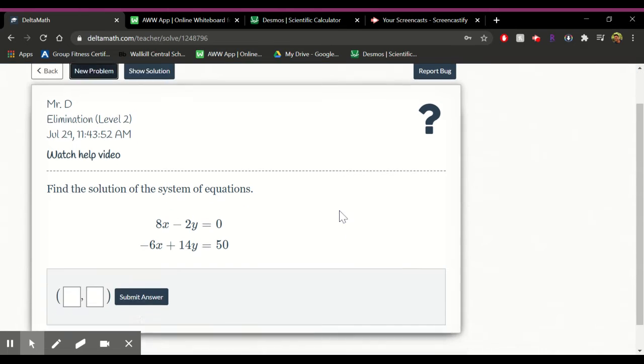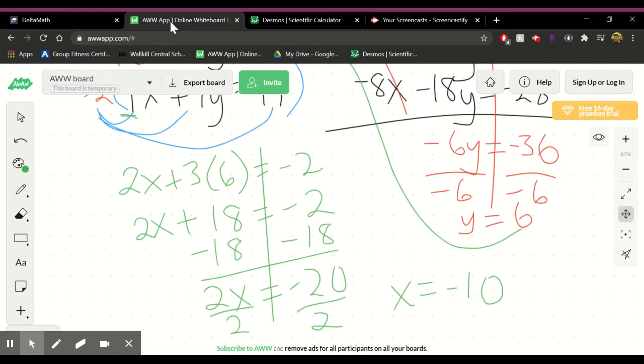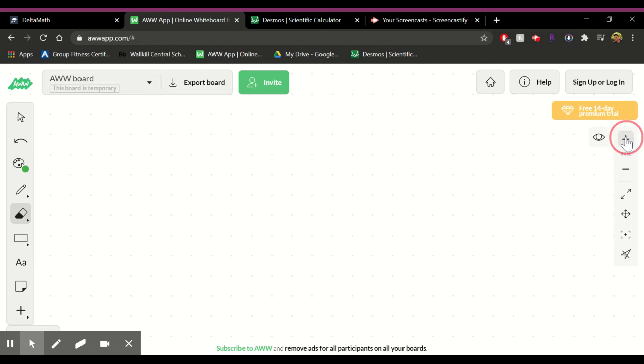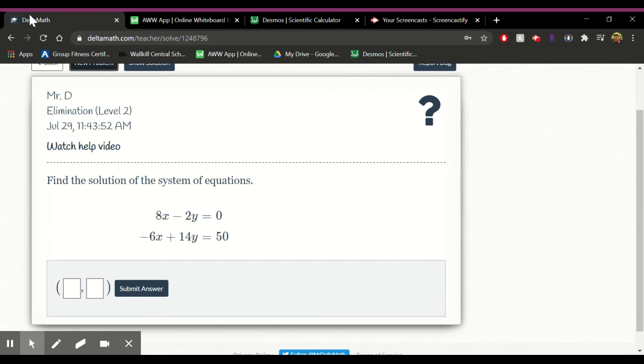Okay, let's look at this one. Wow, I'm going to erase all this good stuff. All right. 8x minus 2y equals 0.